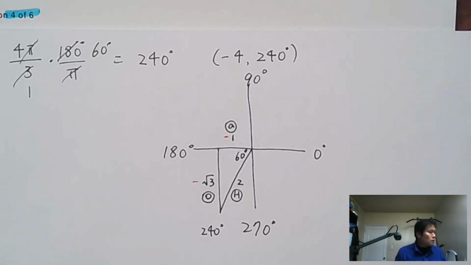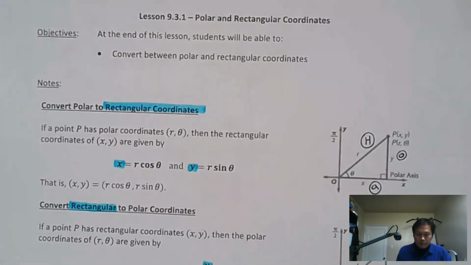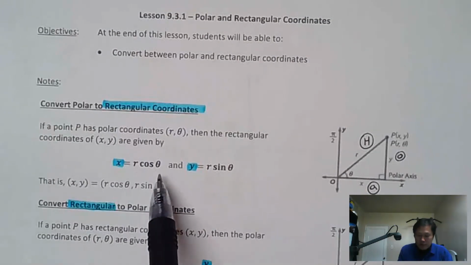If you look at the formula here, x was r times cosine theta.